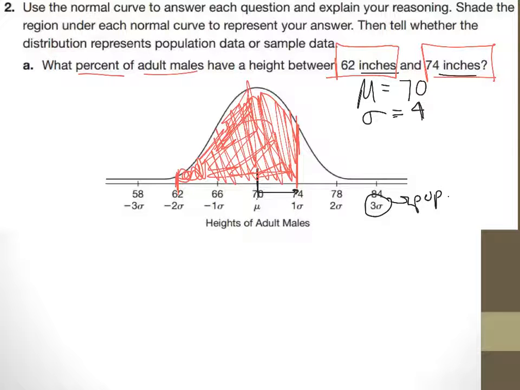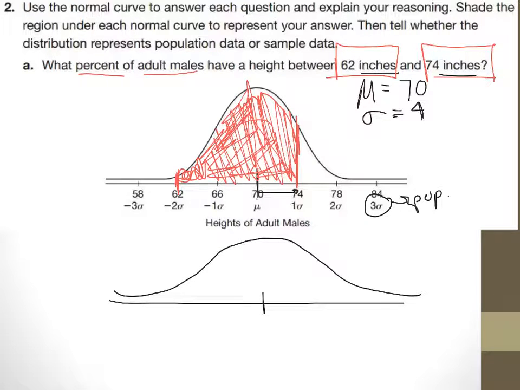Alright, so what I'm going to do is redraw this to give us another point of reference. If I go 1 standard deviation in both directions, so 1 sigma and 1 sigma, that contains 68% of my data.